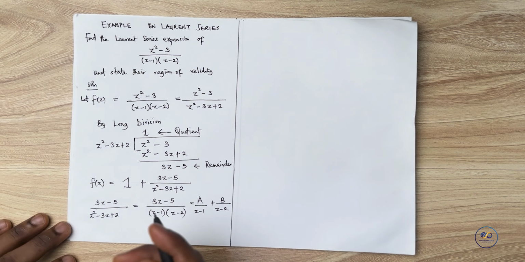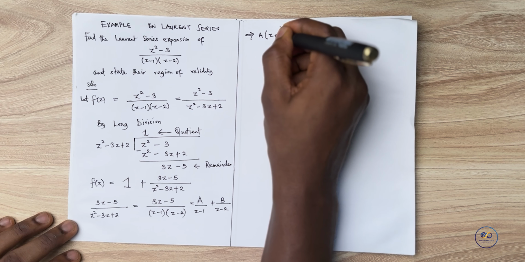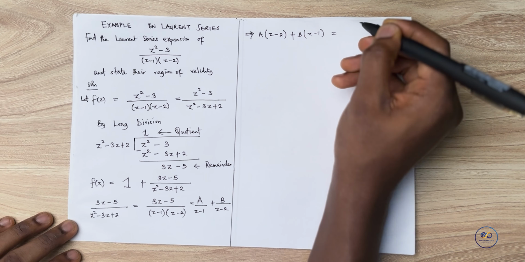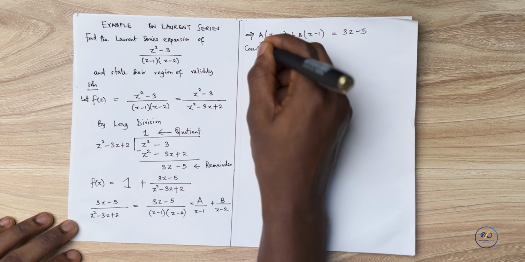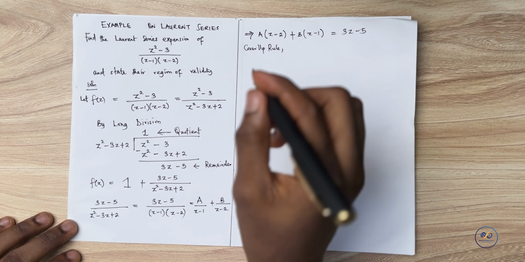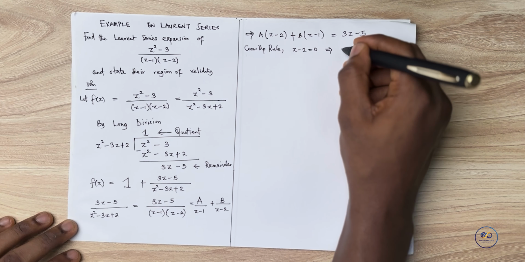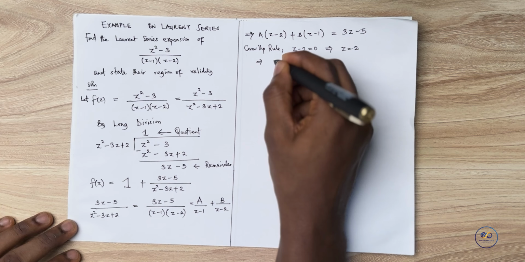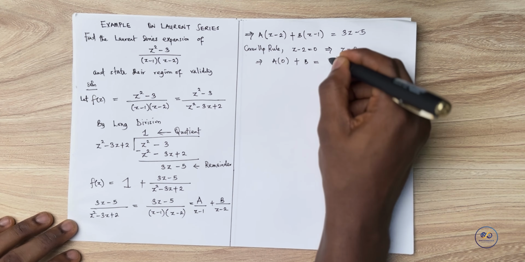Now, we can cross multiply or we can take the LCM, whichever one you prefer. We would have a multiplied by z minus 2 plus b multiplied by z minus 1, and this would be equal to 3z minus 5. Now, by cover up, which, as I said in the last video, is fastest when you are dealing with distinct factors, if you set z minus 2 to be equal to 0, this means z equal to 2 is a value that we can use, such that we have a into 0 plus b equals 1.